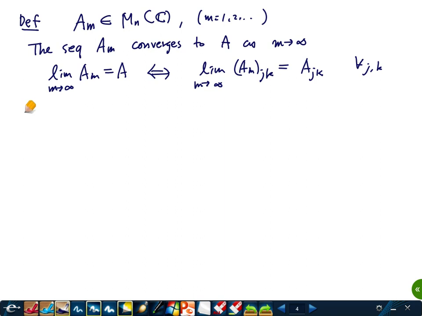Now the definition that you need to remember: matrix Lie group.